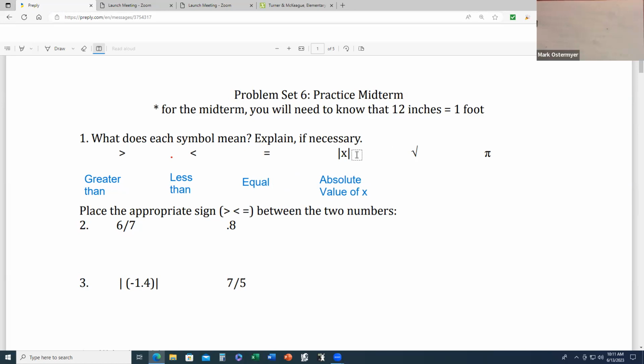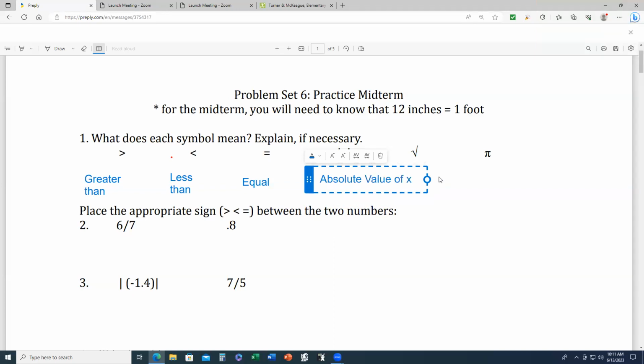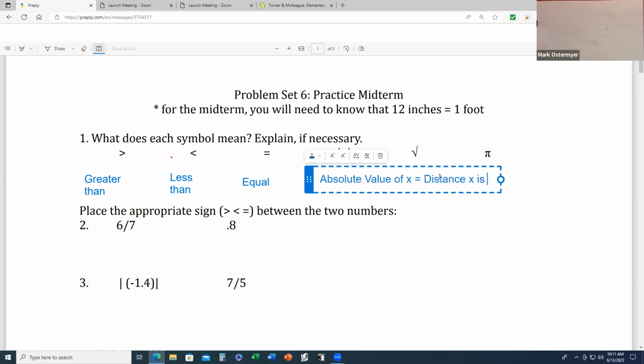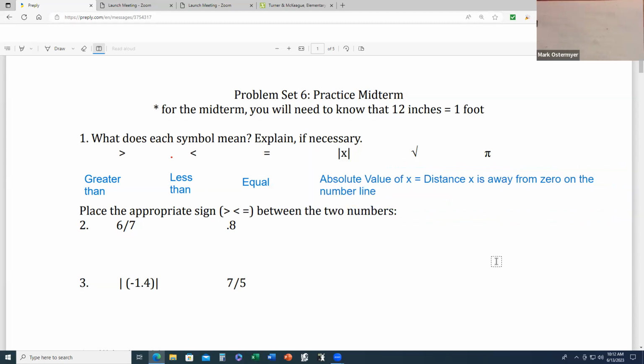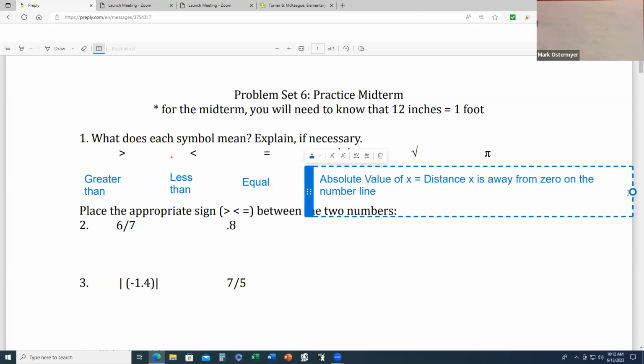You can also say this is the distance X is away from 0 on a number line. The absolute value of X is equal to how far the number X is away from 0 on the number line.